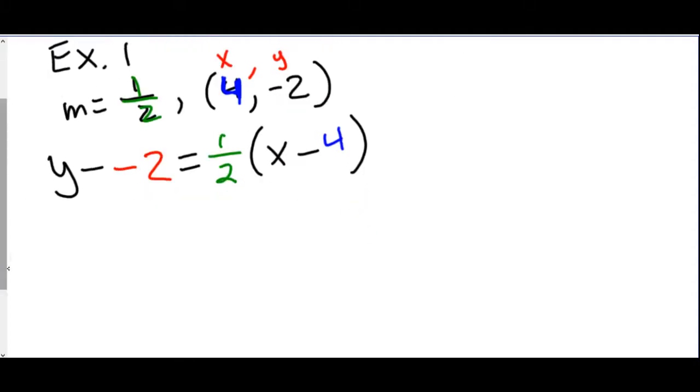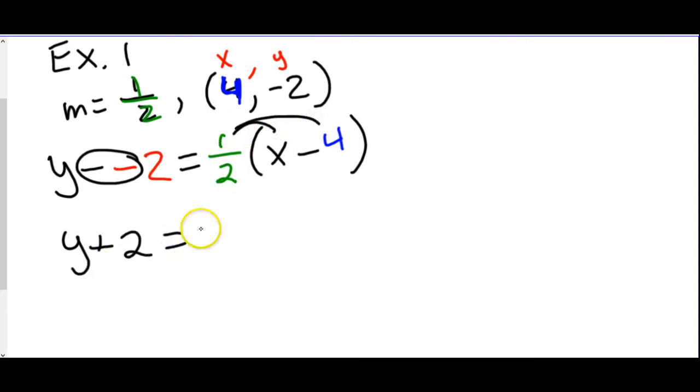Now usually we do want to simplify this so that we get y completely alone. So if we have a minus minus, that changes to a plus, and this 1/2 is going to have to be distributed. 1/2 times x is 1/2 x. 1/2 times -4 is -2.